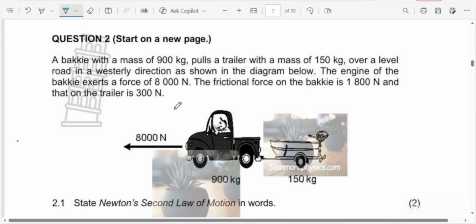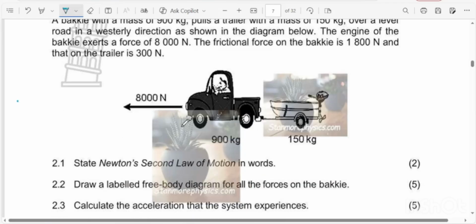Let's see if you will be able to get these questions right, where they want you to draw the free body diagram, and also calculate the acceleration of the system for 5 marks. So if you can pause the video, calculate the acceleration and also draw the free body diagram.